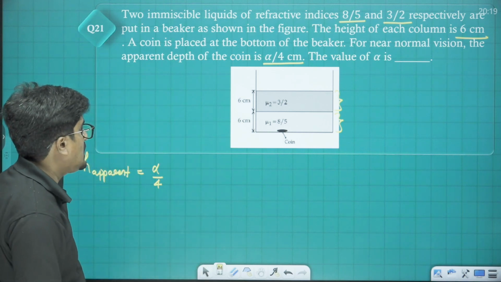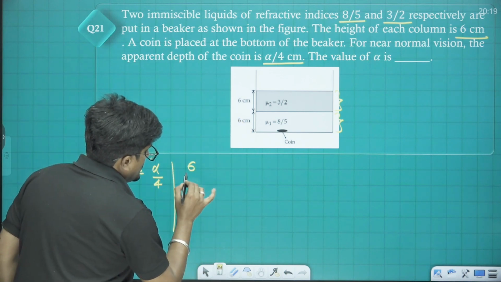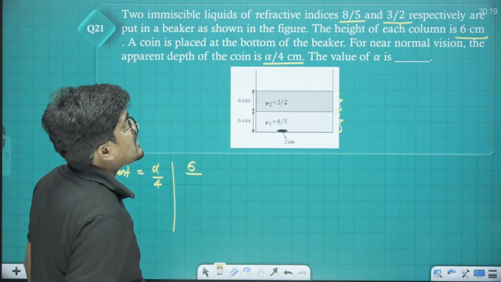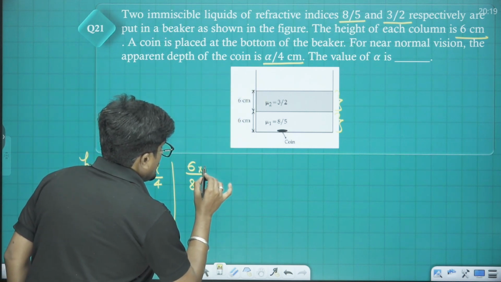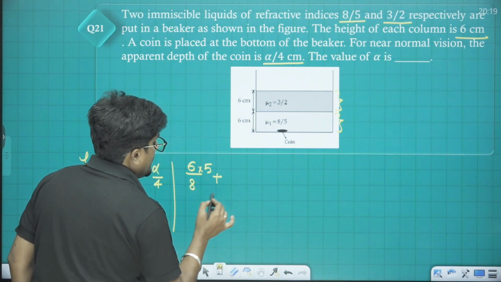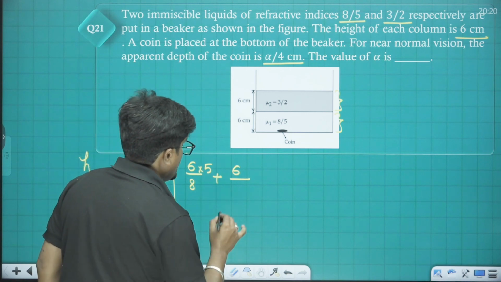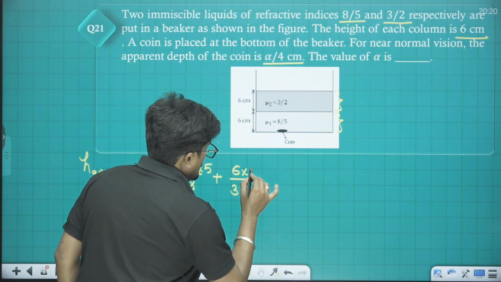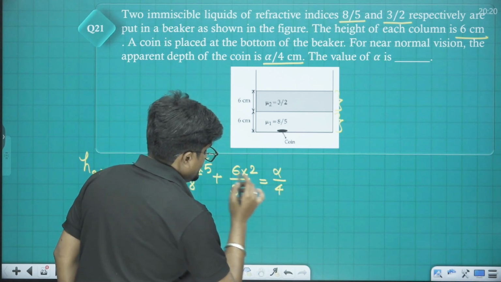That is the basic concept. So here this is 6 centimeter. I can say that 6 upon the refractive index of the first liquid, that is 8 by 5, plus 6 upon the refractive index of the second one, that is 3 by 2, needs to be equal to alpha by 4.